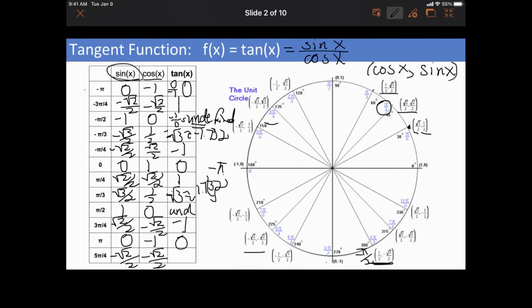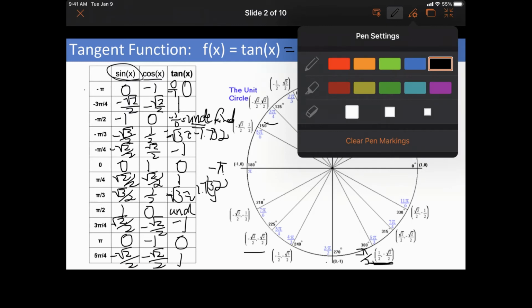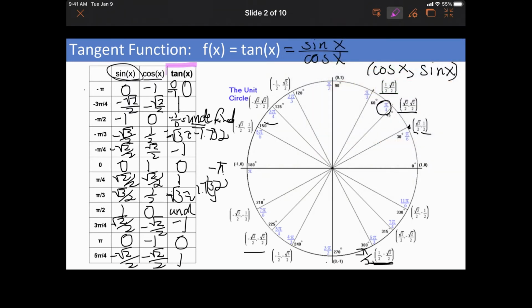So you can see that we are starting to repeat. All right, so now that we found tangent, we're going to use this column to graph it horizontally.